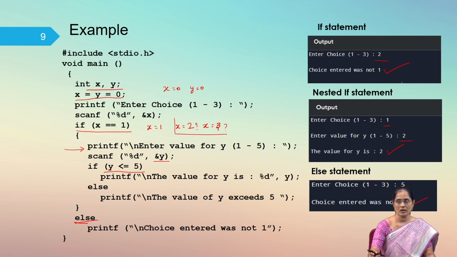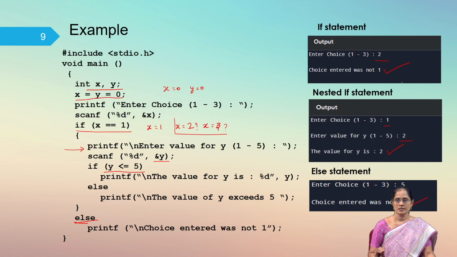So, summarizing, in the first input the x value is not 1, so we get the message choice entered was not 1. In the second case, the first if condition is true and the second if condition is also true, so we get the output of the true block of the inner if statement.